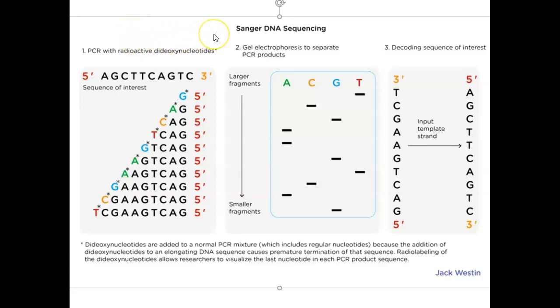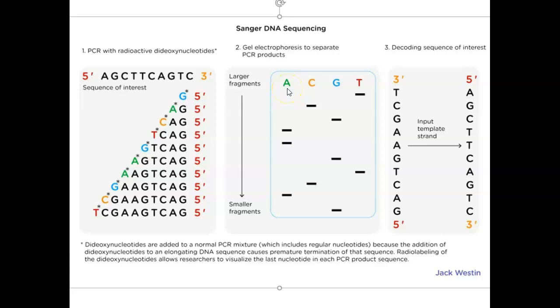There are two different ways that you could analyze this. The old school way is through dideoxy sequencing on a gel, where you would basically do the same PCR in 4 different tubes, but you'd only put fluorescent A's in one tube and C's in another and G's in the third and T's in the fourth, with the normal A's, T's, C's and G's. Again, this first tube would have normal A's, T's, C's, G's, but also fluorescent A's.